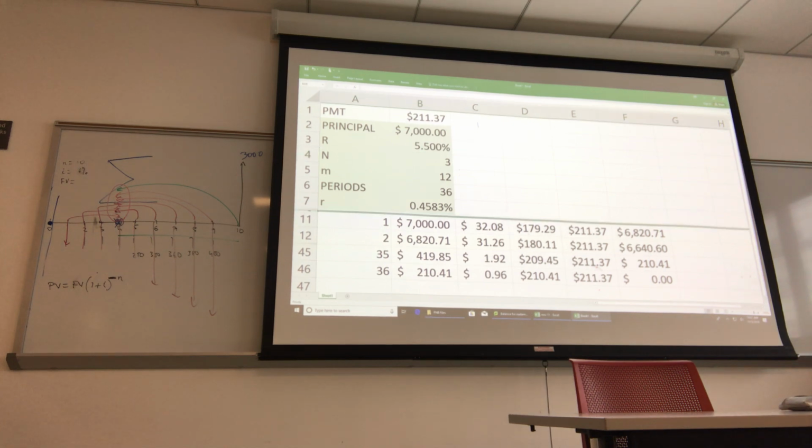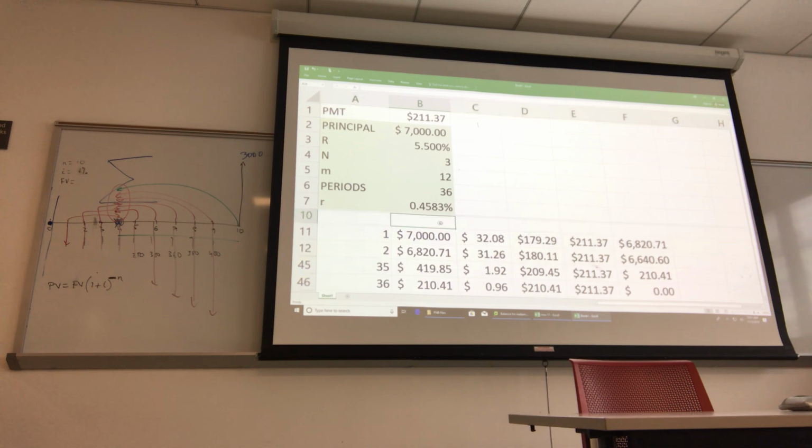I go here, and I take that information, and I want to see what is happening. That's the remaining of the principal. But the remaining of the principal also is here at different time periods.